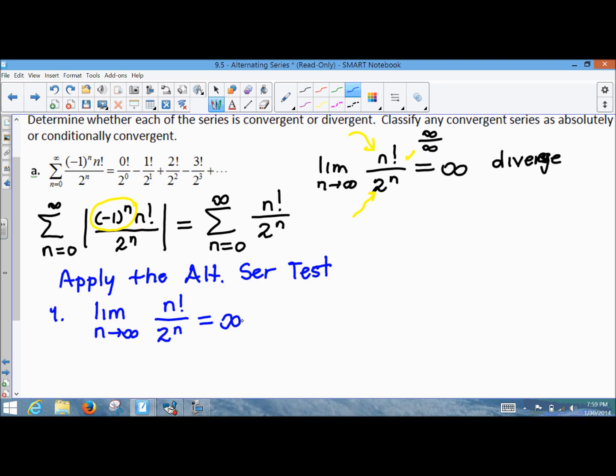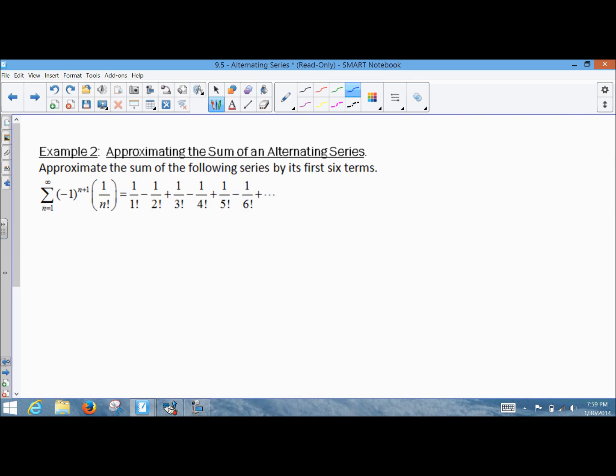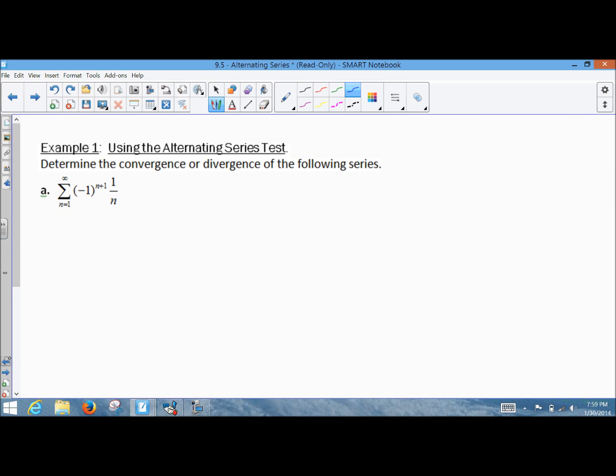If you get a result like this, you can stop with the alternating series test. I'm going to go back several slides to when I first introduced the alternating series test.